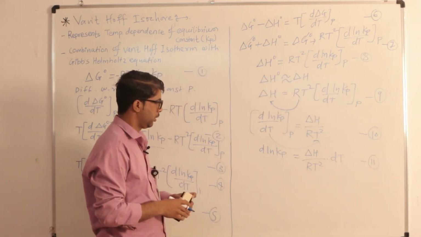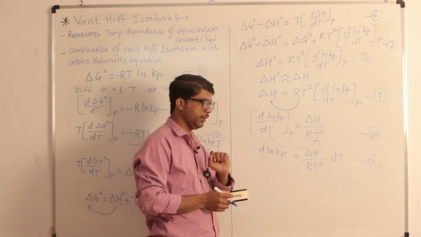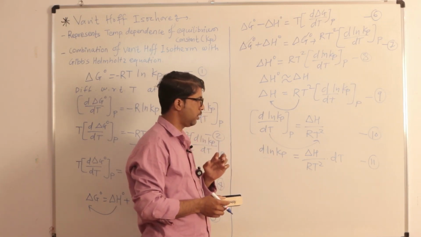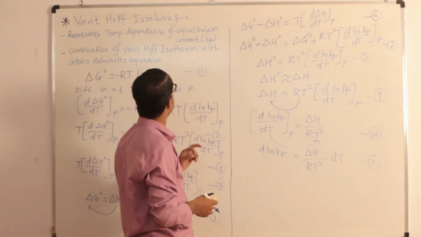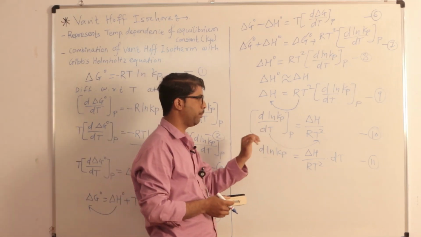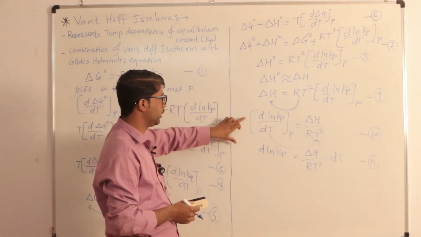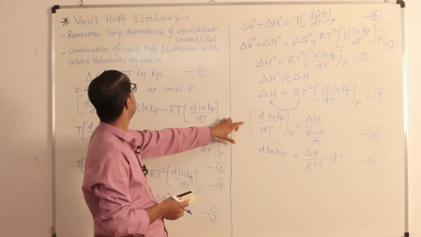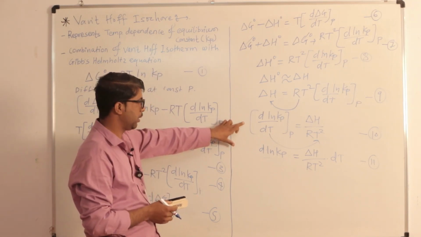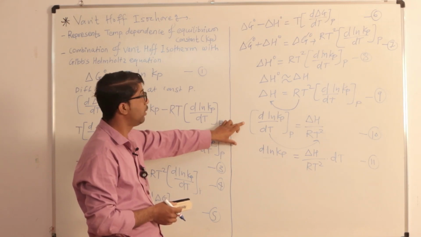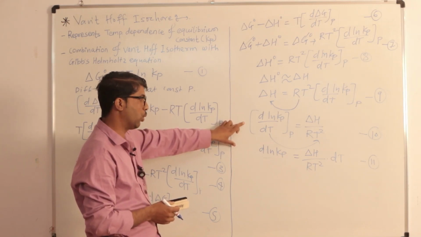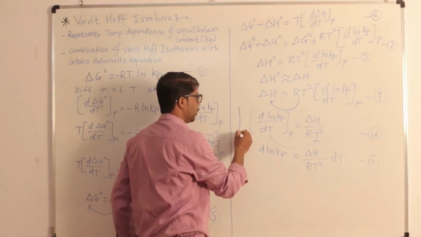So equation number 10 is also called the van't Hoff isochore, because it is one form of the van't Hoff isochore. It is also called the van't Hoff reaction isochore. So this is also important.